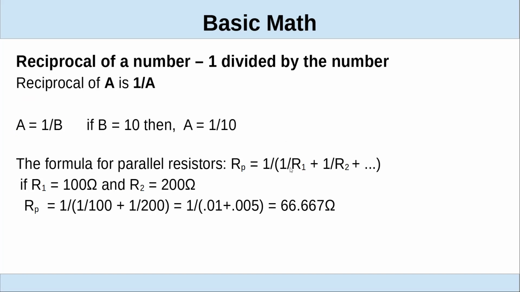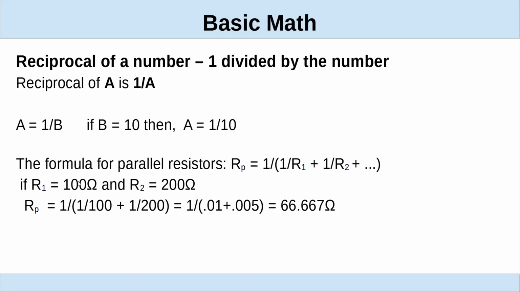Okay, so you take each value, in this case, say we have 2 resistors in parallel, R1 and R2. So I take the reciprocal of those, add them together, and then I take the reciprocal of that.